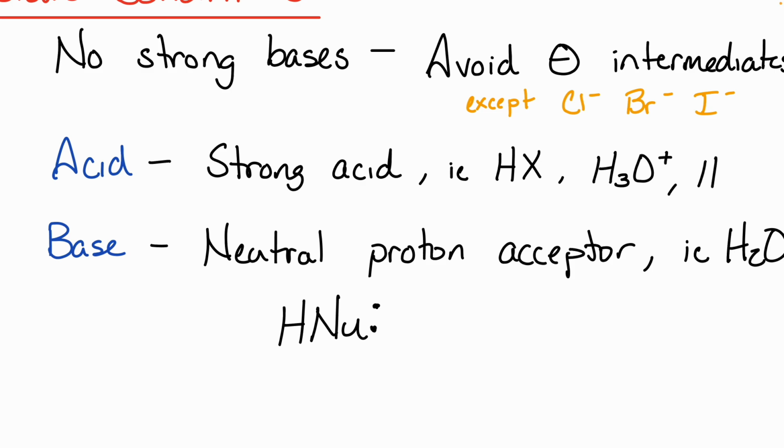Typically you would dump in a bunch of strong sulfuric acid, which would create hydronium in solution and allow that to be your proton donor. All right, but you need a strong acid to protonate that carbonyl oxygen so you avoid any negatively charged intermediates.